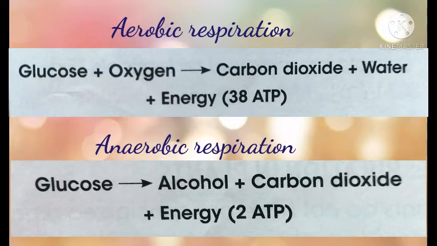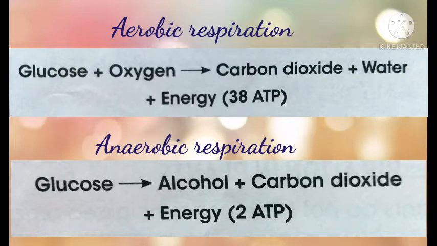In aerobic respiration, 38 molecules of ATP, that is energy, are produced, while in anaerobic respiration only 2 ATP are produced. So which process releases more energy? It is aerobic respiration which releases more energy. The organisms like yeast and bacteria which carry out anaerobic respiration are called anaerobes.